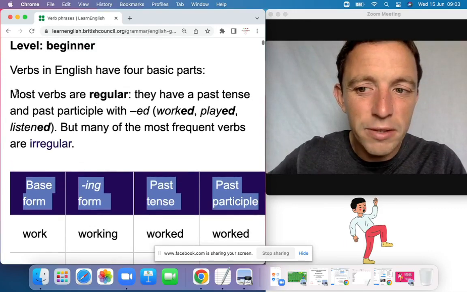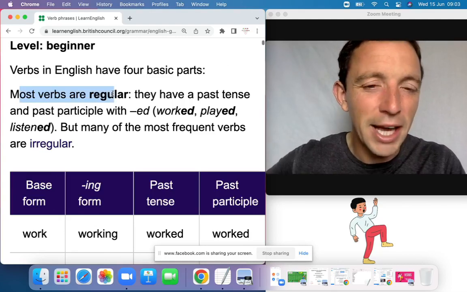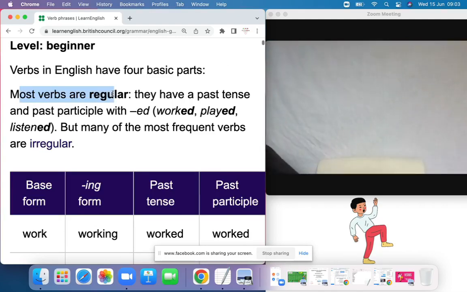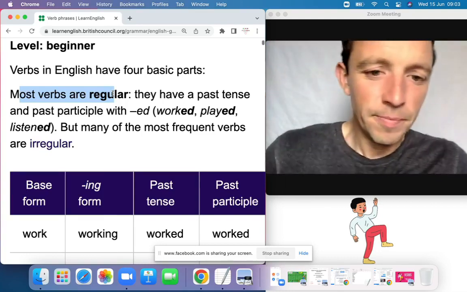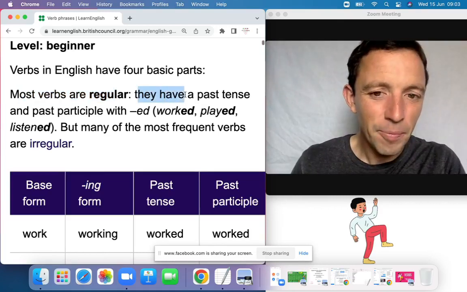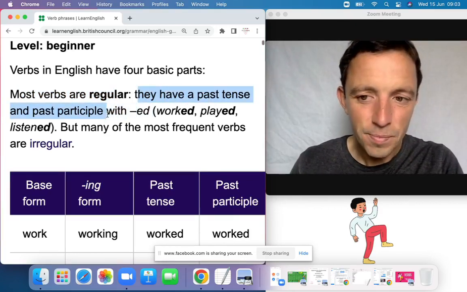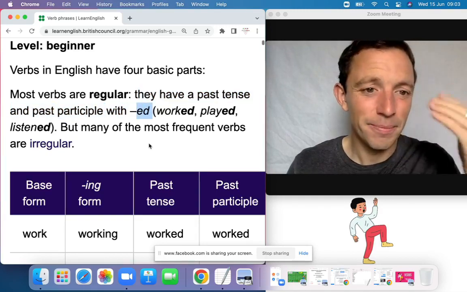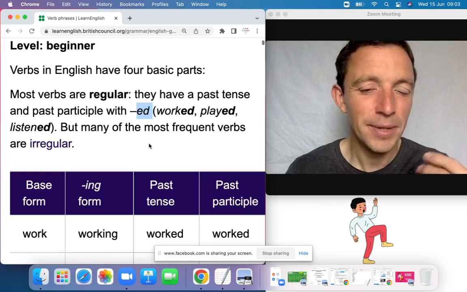Okay, most verbs in English are regular. Give me one moment, I'll just try to fix this sheet. So most verbs in English are regular. So for example, most verbs have a past tense and a participle with ed. This is the regular form for the majority of verbs.